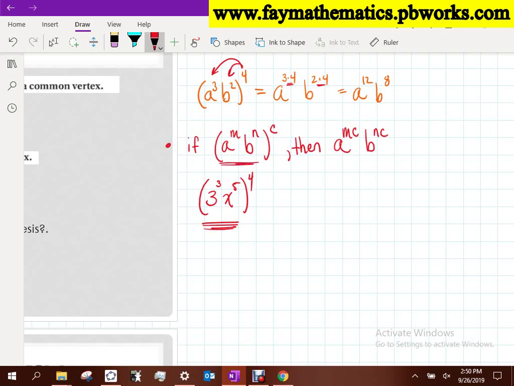And because they match, then you can do what is stated right here. You can take the m and the c, which would be that, and you can multiply them together and use that as the exponent for your base of 3. You can take the 5 and the 4 and multiply them together, and you can use that as the exponent for your base. You guys remember doing that kind of stuff?